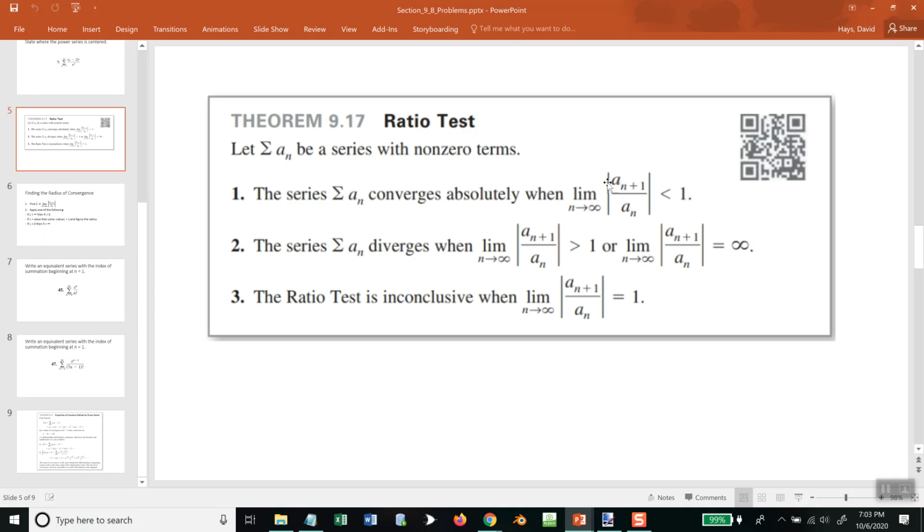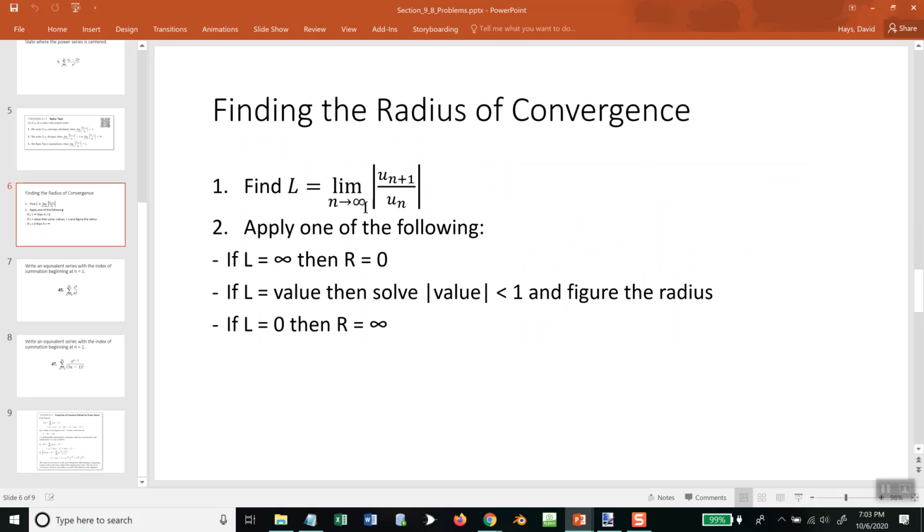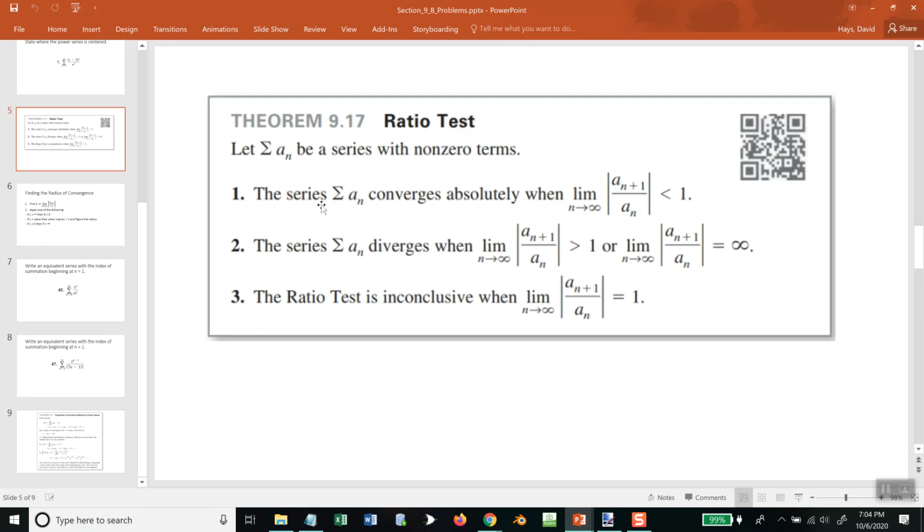If we use a ratio test, which is what this implies, then where it's less than one is where we can find out where it converges.